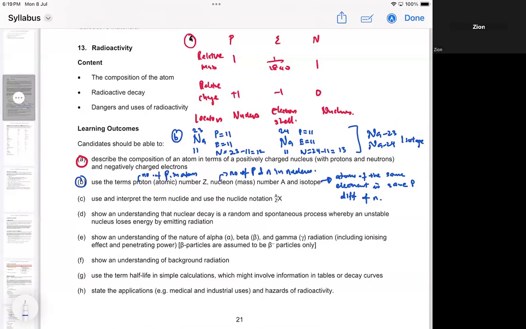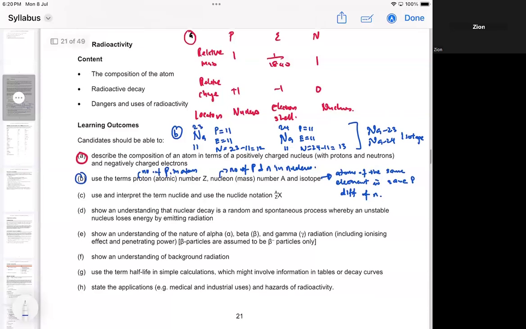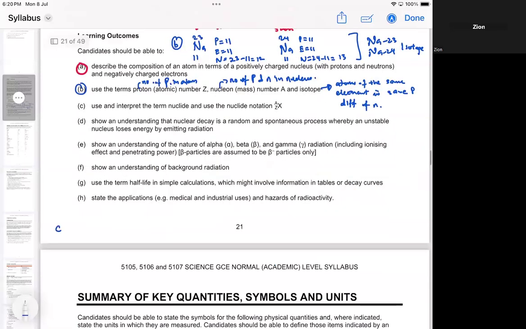Okay, next is nuclide. So for nuclide notation, they follow this A, Z, X. On top is the nucleon number.